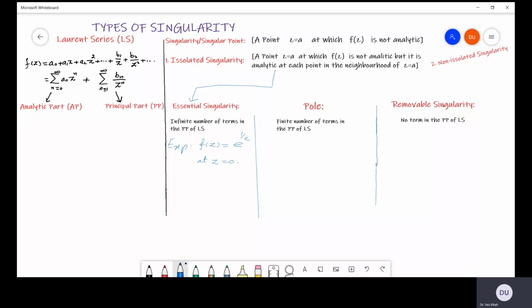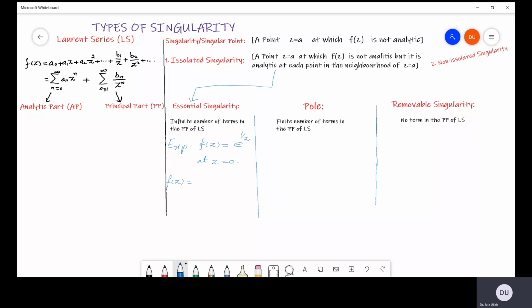So z equal to 0 is a singular point of this function. But what type of singularity is that one? Let us determine the type of singularity. We have to expand this function in the Laurent series.